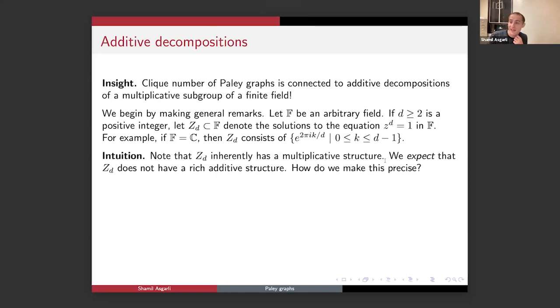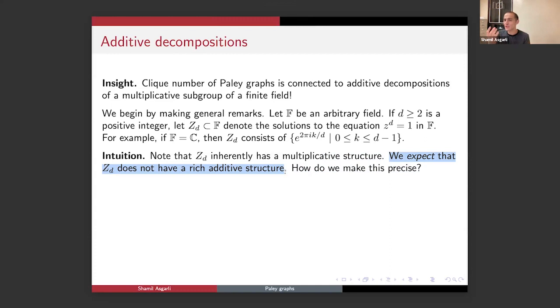Because of that, this is a general principle that we expect that Z_d does not have rich additive structure. In other words, if you take 2 elements in Z_d and add them, there should be no structure to that. There should just not be much additive structure inside Z_d.